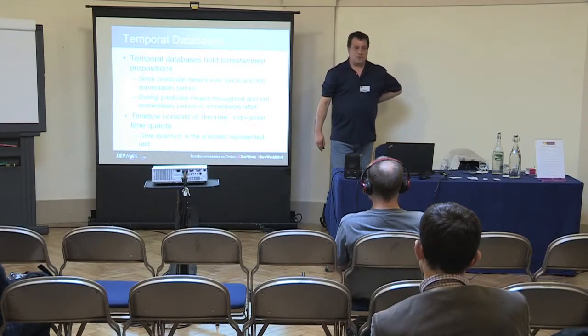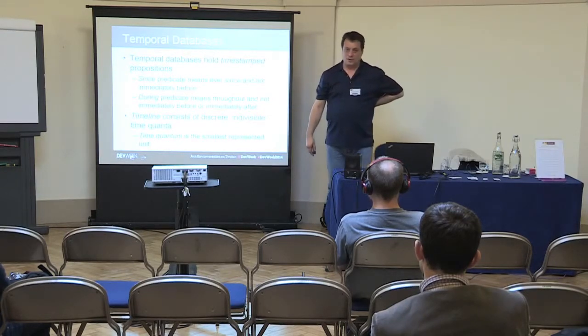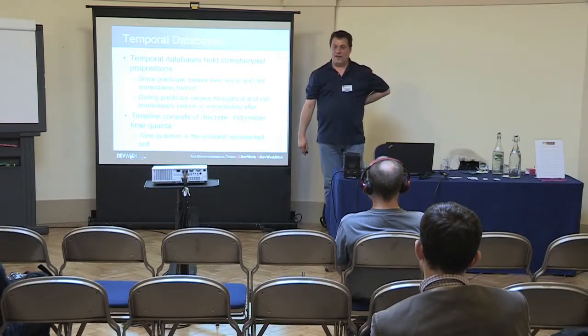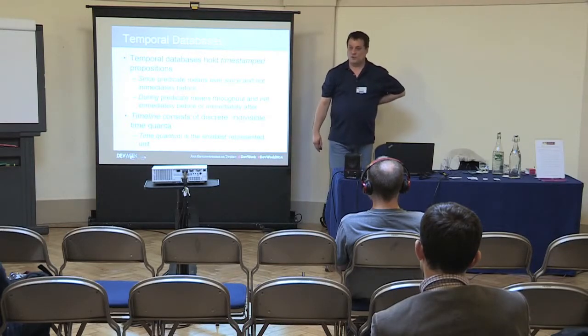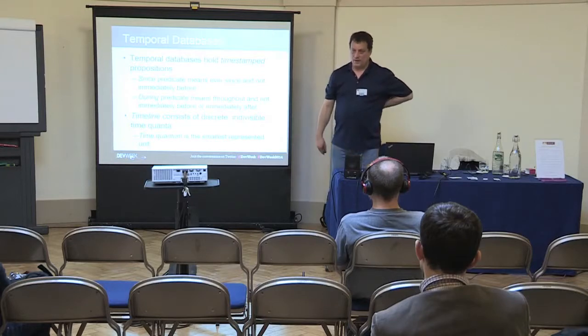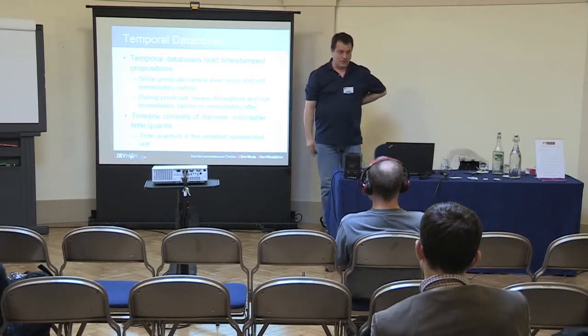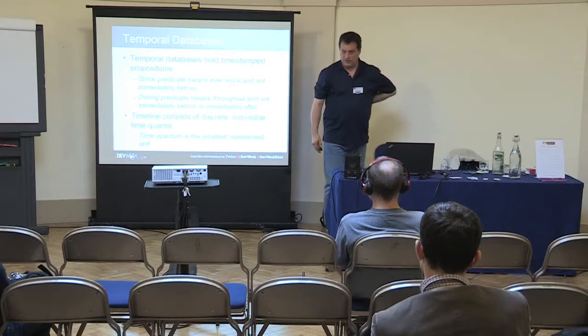Now, these kinds of propositions are simple, are not time-stamped. So we pretend that these kinds of propositions are true forever. So they have been true forever, and they will be true forever, and they are true at this moment.